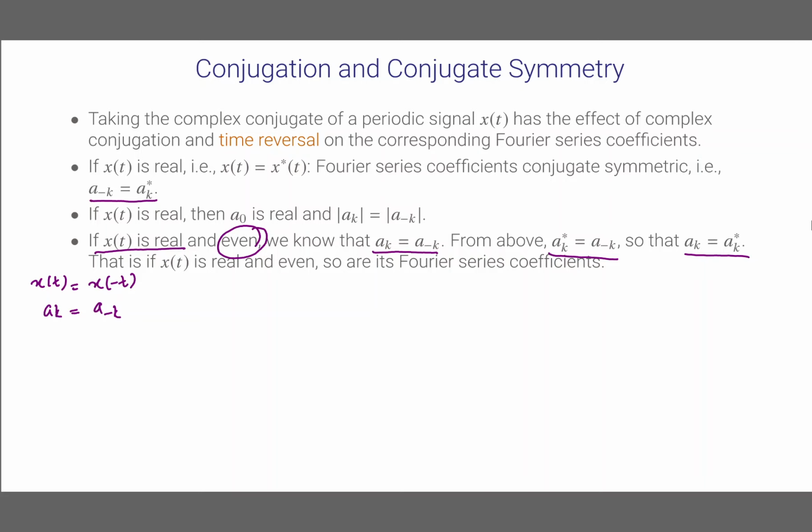That is, if x(t) is real and even, so are its Fourier series coefficients. So if x(t) is real and even, Fourier series coefficients are also real and even. This shows that they are even. This shows that they are real.